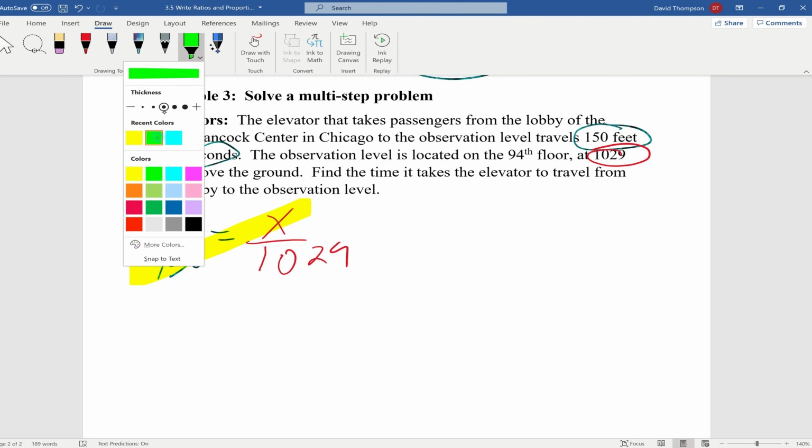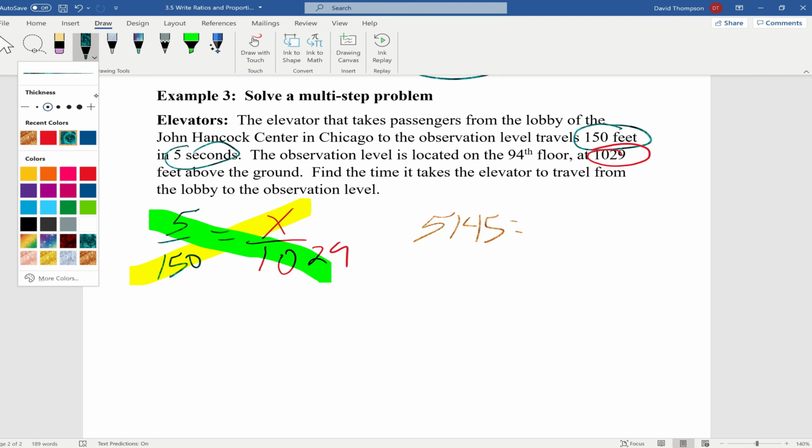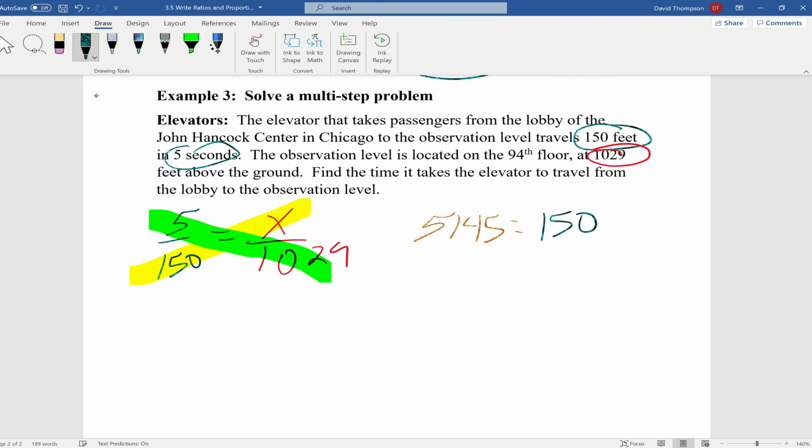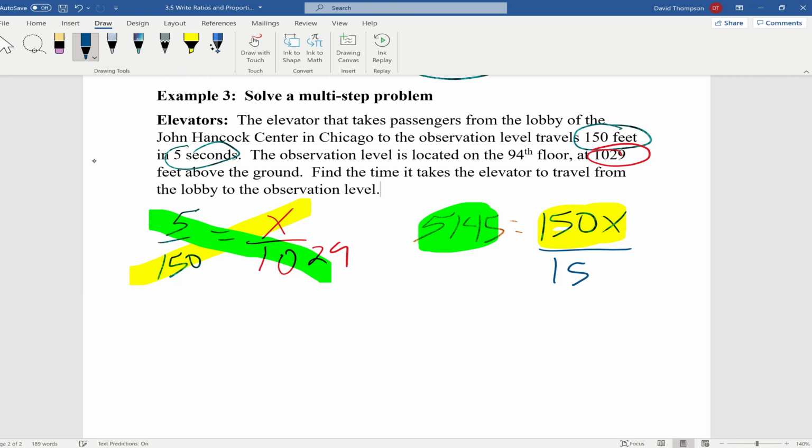We're just going to cross multiply. So 5 times 1029 is 5145. So 5145 equals 150x. Last step, just divide everything by 150.